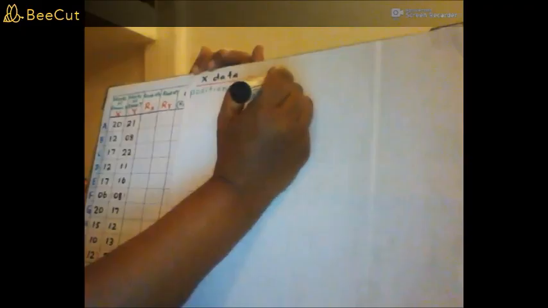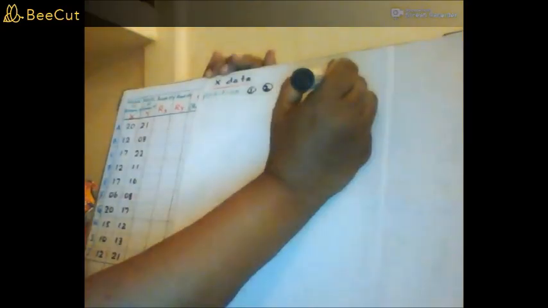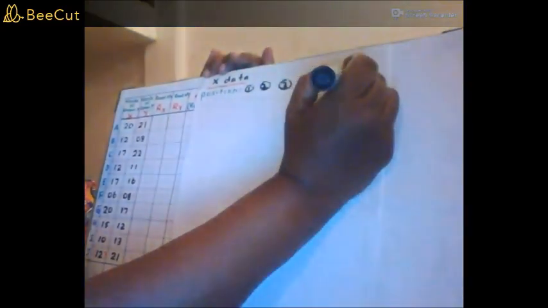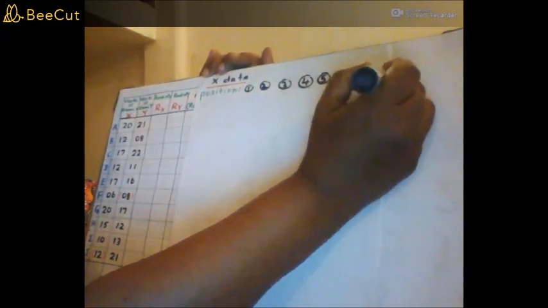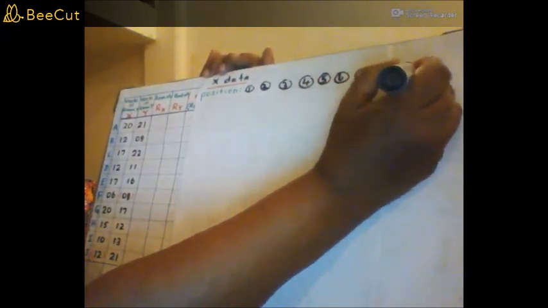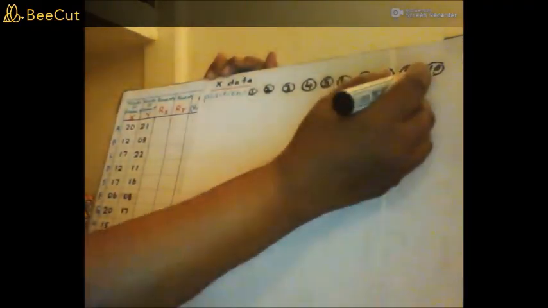1, 2, 3, 4, 5, 6, 7, 8, 9, 10. Okay. If there are 10 students, 10 positions.